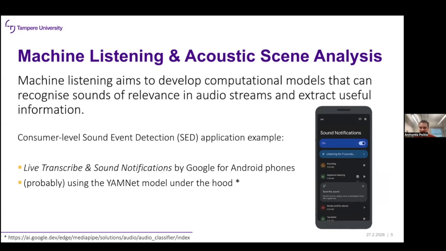And then if it detects one of those, it sends you a notification. For example, for a door knock or a smoke and fire alarm, tea kettle. A good example of sound event detection at large scale.